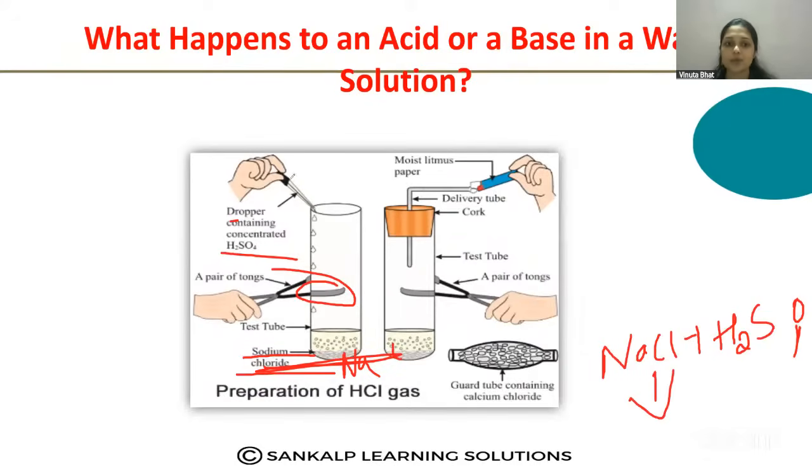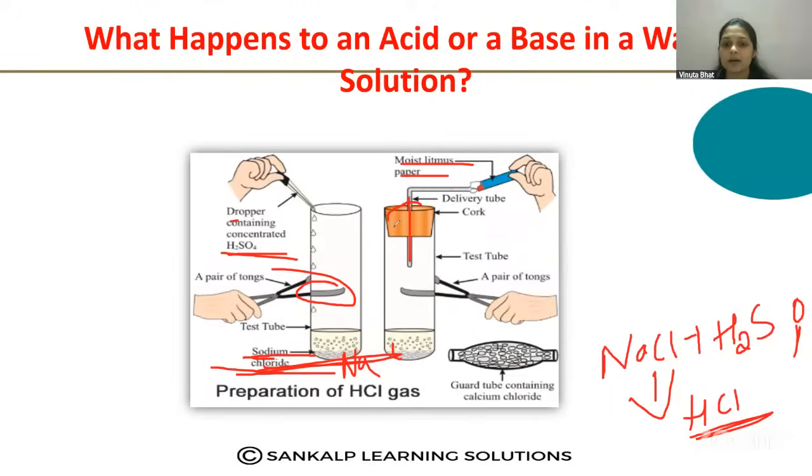In this process, when sulfuric acid, H2SO4, is added to the sodium chloride, a gas is produced, which is called HCl gas. This gas is tested with moist litmus paper and dry litmus paper. The gas is collected with the delivery tube.